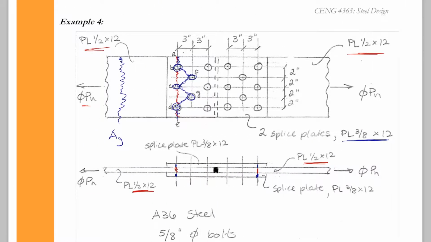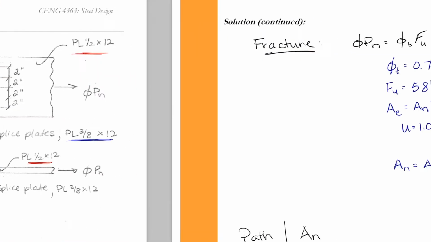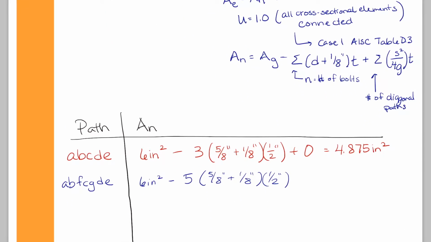However, because that now assumes that all 5 bolt holes are in a line, but since we're sort of on this diagonal here, we need to look at these diagonals. And you can see that this particular path has 4 diagonals. And so that gives us a little bit extra area. And so we have to account for that, adding a 4 times this term s squared over 4g.